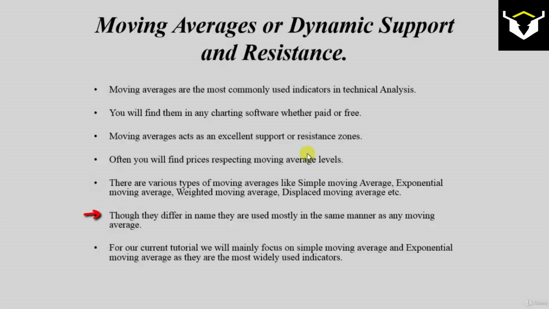Though they differ in name and calculations, the manner in which they are interpreted is mostly the same. For our current tutorial, we will mainly focus on simple moving average and exponential moving average, as they are the most widely used indicators. Let's go ahead.